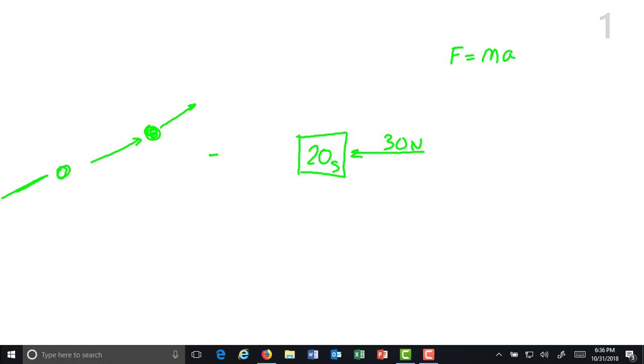And let's say you have another one acting at 20 newtons. And this is on the floor. If there's any friction, we would have to add that as a force going in the opposite direction. So my question is to find the acceleration. That's the question on the midterm.